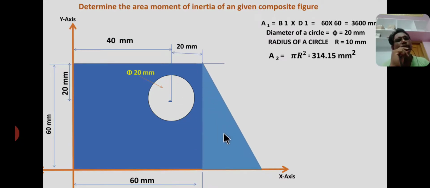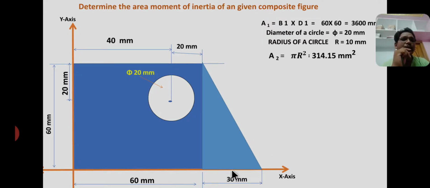Now I consider the third section as a right angle triangle, having base b equal to 30 mm and height equal to the height of the rectangle, that is 60 mm.